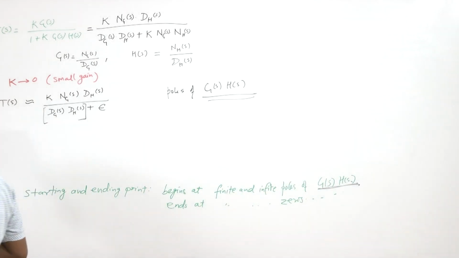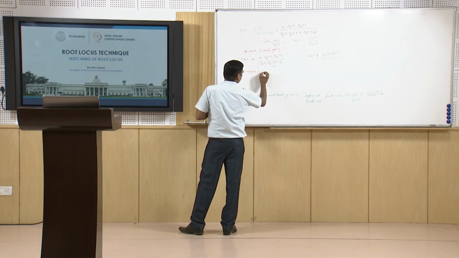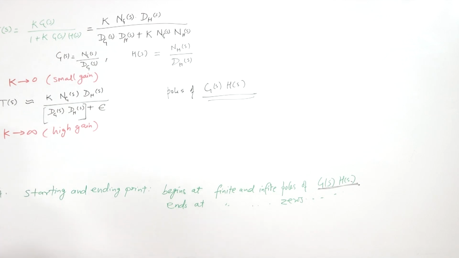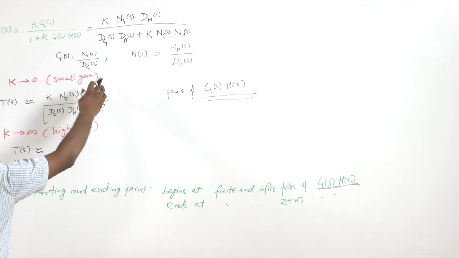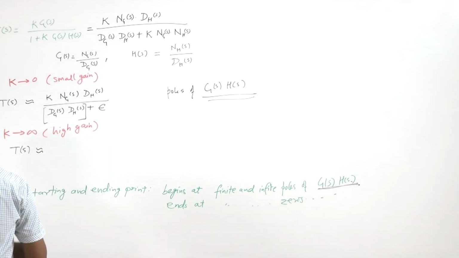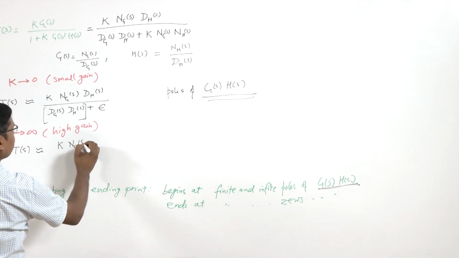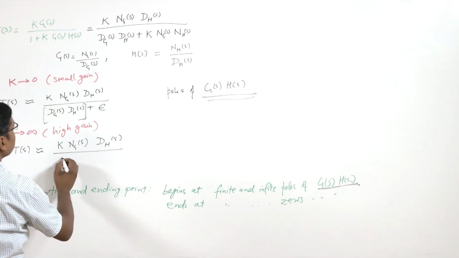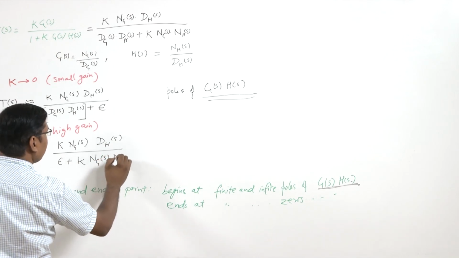Now when K is very high, so when K tends to infinity, let's say high gain, we will get T(s), we can approximate, we can neglect this part. So we will get K N_G(s) N_H(s) by, this is negligible, plus K N_G(s) N_H(s).